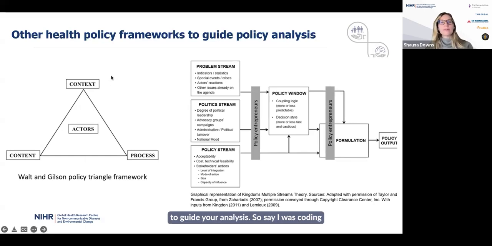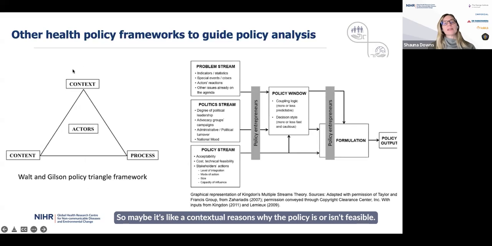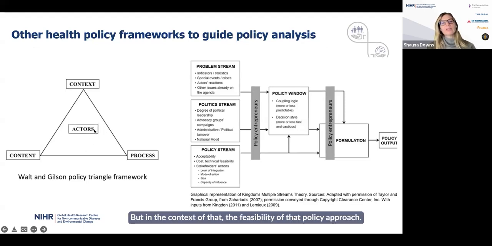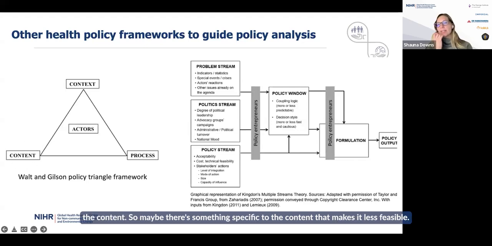So say I was coding these qualitative interview transcripts, I would code related to the context. So maybe it's like contextual reasons why the policy is or isn't feasible, who the actors are, but in the context of the feasibility of that policy approach, the content. So maybe there's something specific to the content that makes it less feasible. And then the process itself.